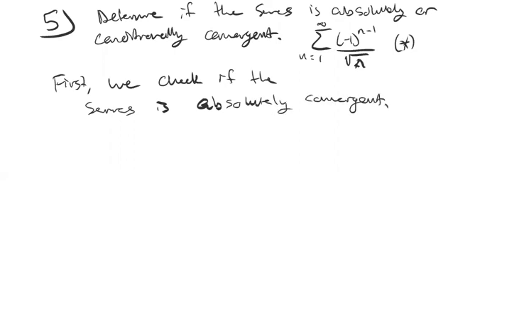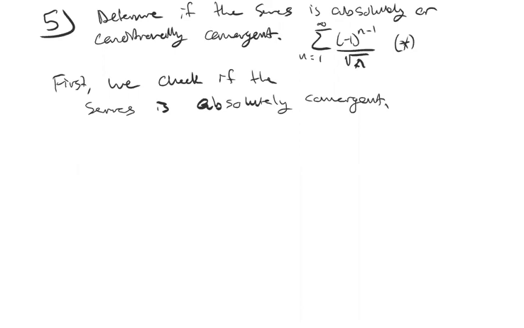Okay, and we test absolute convergence first, because if we're absolutely convergent, that is a stronger quality than being conditionally convergent. The intuition behind that is, if I'm adding a bunch of positive things and they come up to a finite value, then definitely if I add, then subtract, then add, then subtract, it should give me a smaller thing.